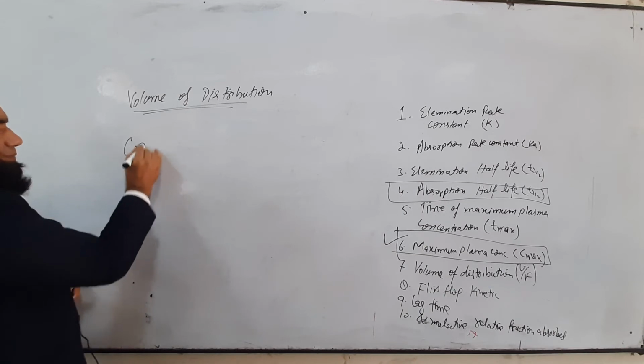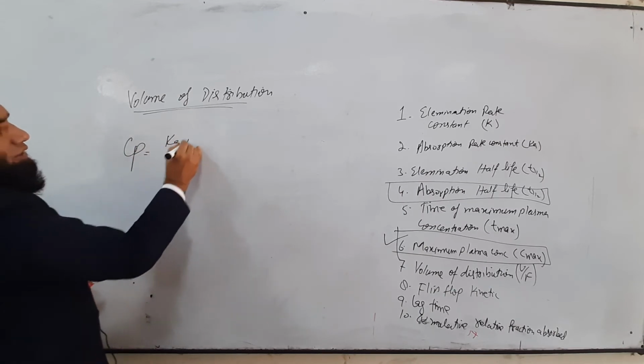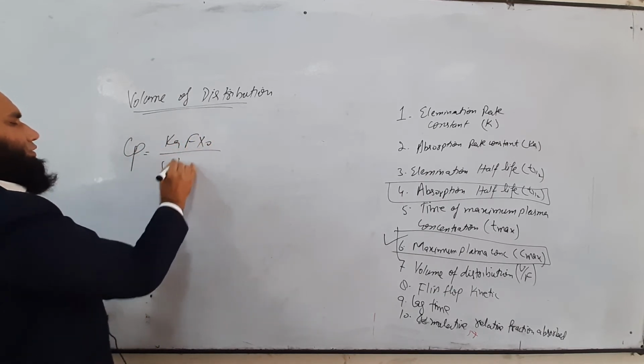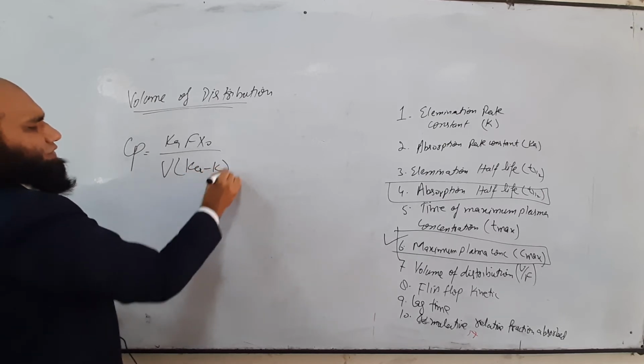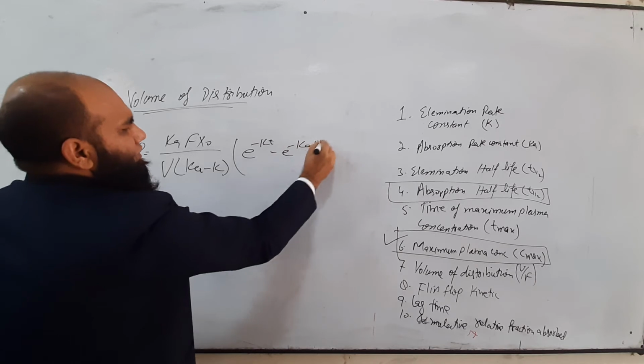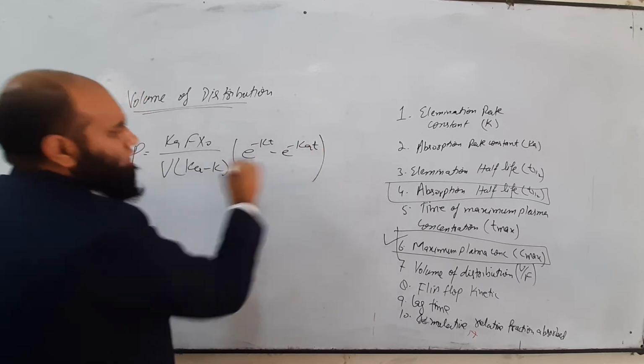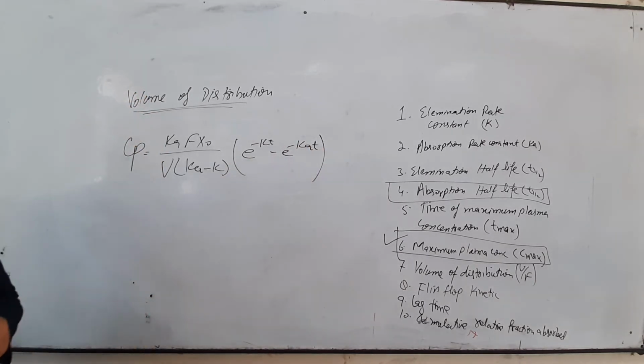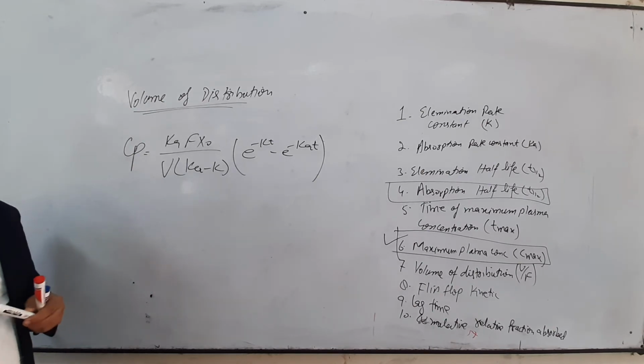We write the formula Cp is equal to Ka F X naught over V into (Ka minus K), times e^(-Kt) minus e^(-Kat). This is our equation for the plasma concentration. We already started with this equation when we began this chapter.